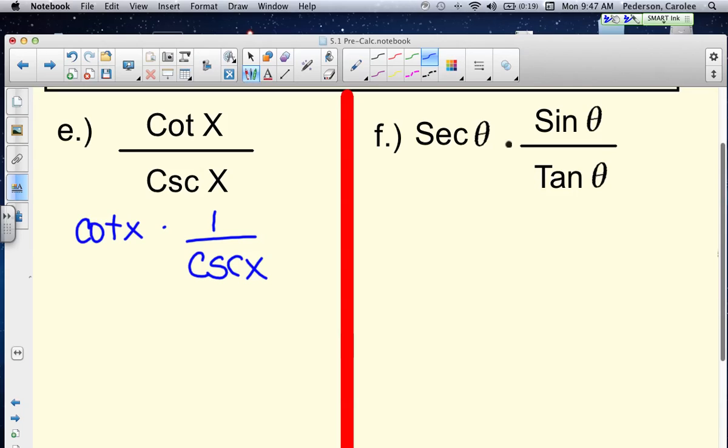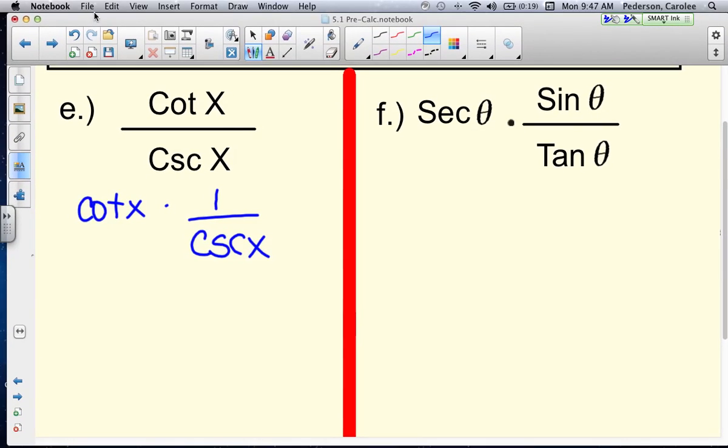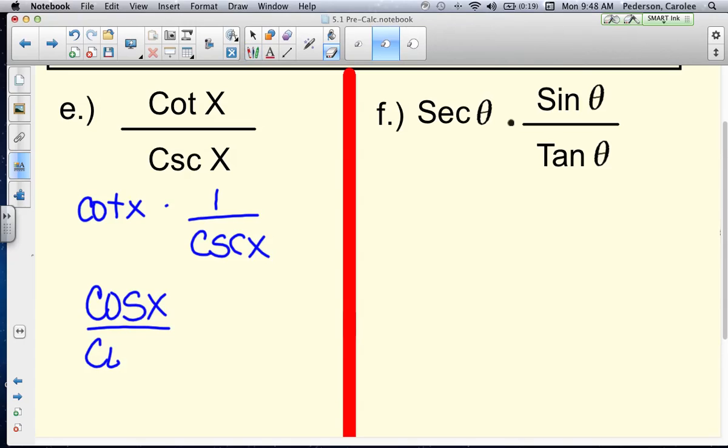Can we do that? What's cotangent? Cosine over sine? Correct. Quotient function. And then what can I do with 1 over cosecant?